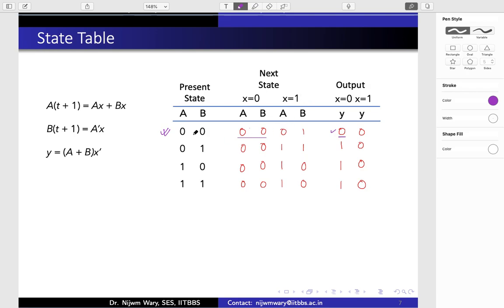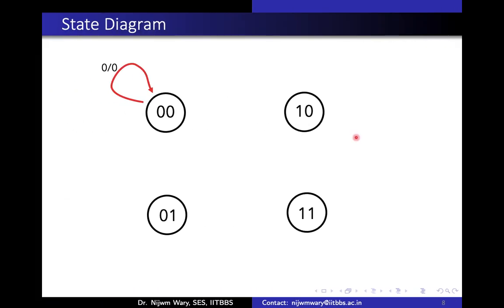My present state is 0 0 and whenever x is 1, the next state will be 0 1 and the output will also be 0. So the next state is 0 1 whenever the input x is 1, and the output will be 0. This is represented like this.